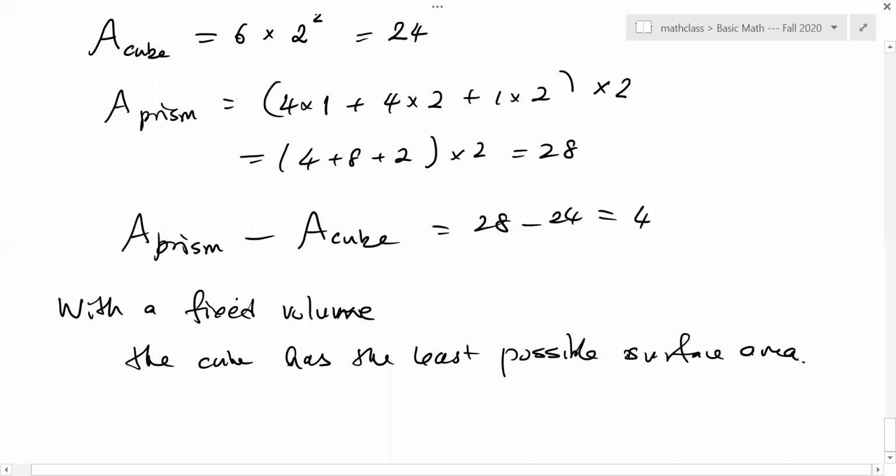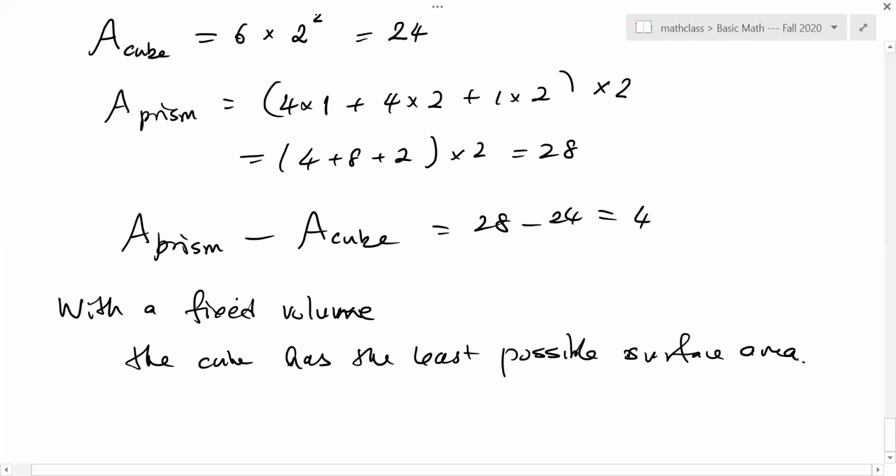So any other prism you take, if you want to have the same volume, it will have more surface area. It's not easy to prove in general, but from this example, you can see that, right?